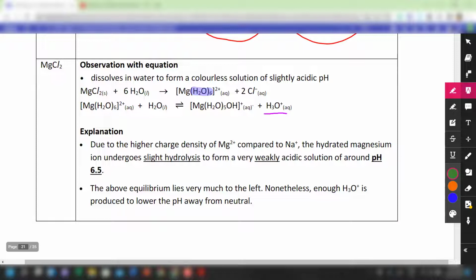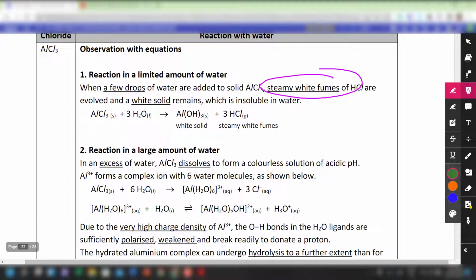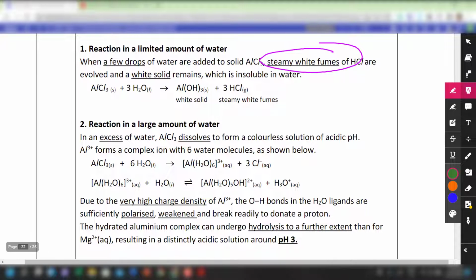So the hexa-aqua Mg2 plus ionizes to a small extent, a slight hydrolysis, to give you a weakly acidic solution. For the hexa-aqua aluminium 3 plus, because it has a very high charge density of Al3 plus, it will hydrolyze to a great extent, or to a further extent as compared to Mg2 plus.